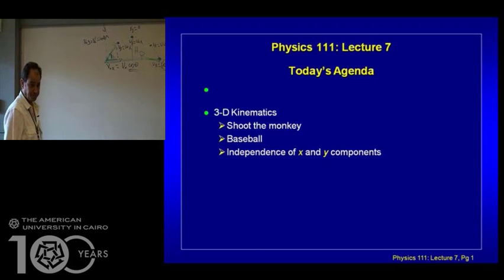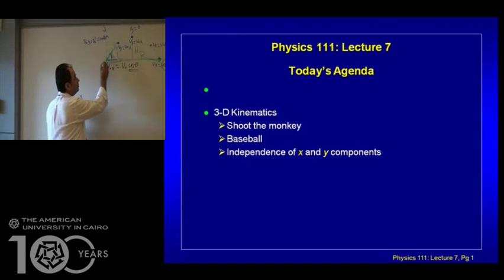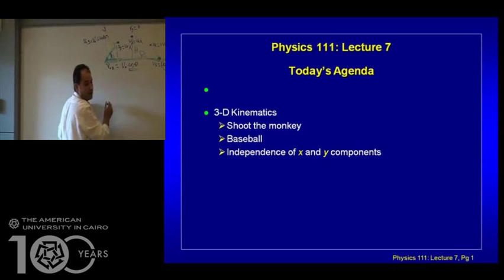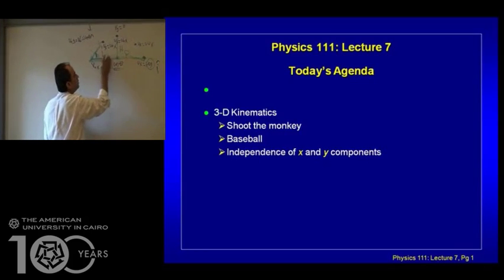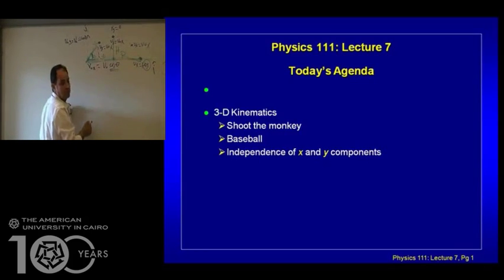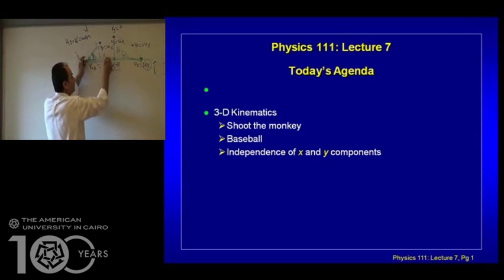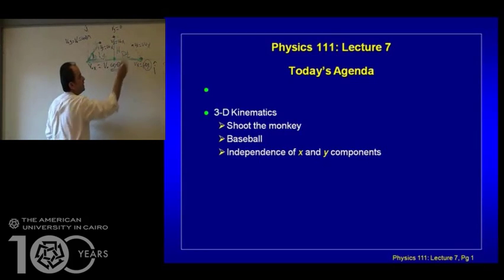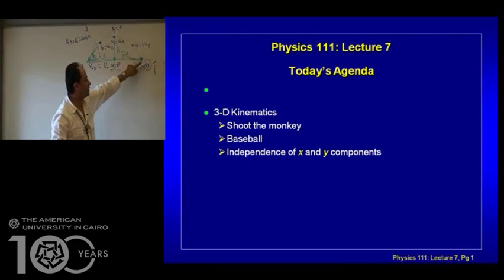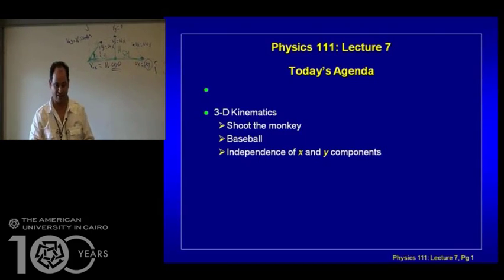Okay, I'm just trying to think where to start. That motion, for the object to reach that point, it will take time t, and it will take the same time t to go back to its original height.